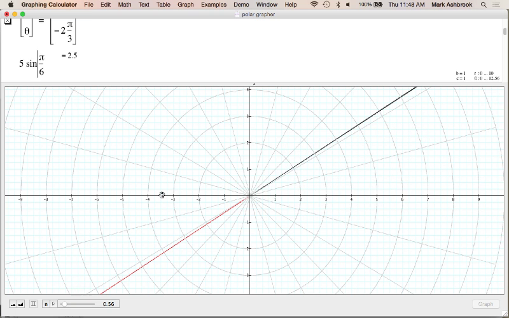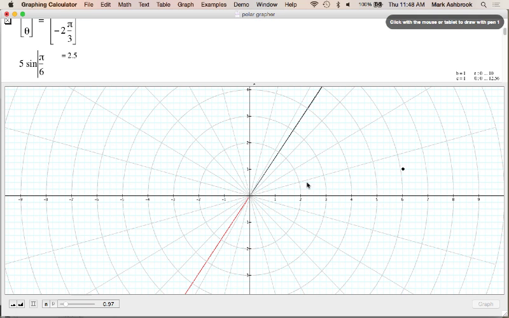So given any angle theta, and any distance r from the pole, so any point r, theta, not necessarily where I put it, what are the x and y coordinates of that point?